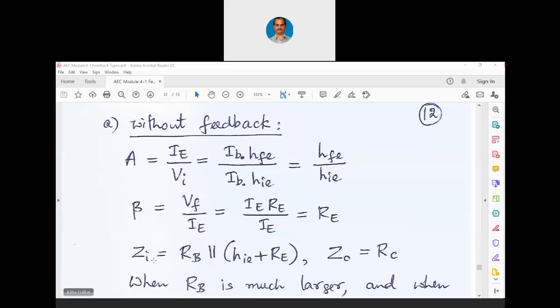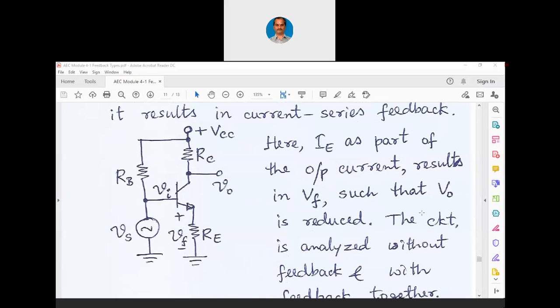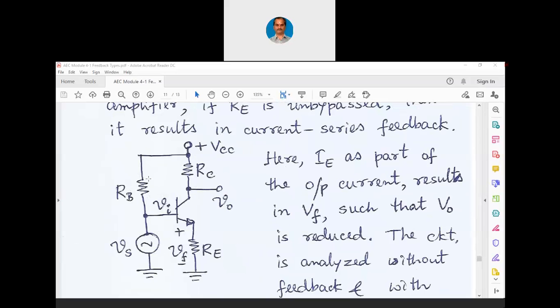Now the input impedance Zi is equal to RB in parallel with HIE plus RE. You will have to please visualize, or let me go back. We have this RB and then we have this HIE, then we have this RE, right? So when you go for AC analysis, RB's other end is connected to AC ground.